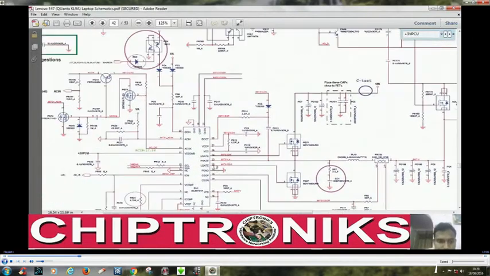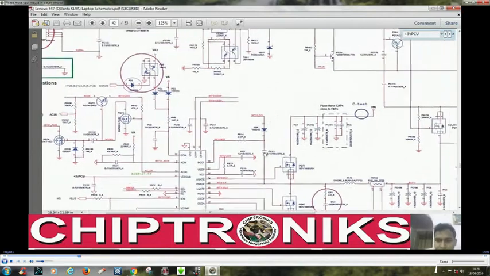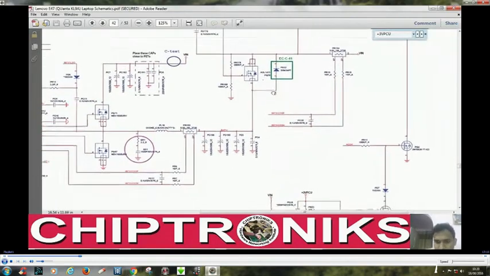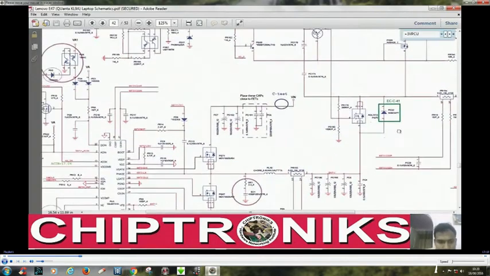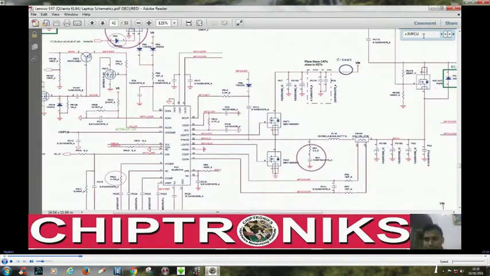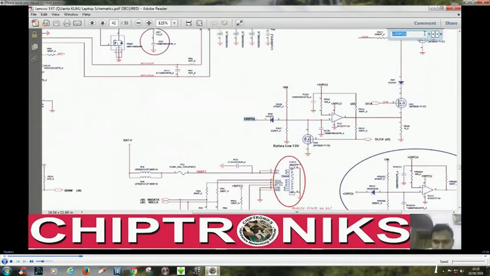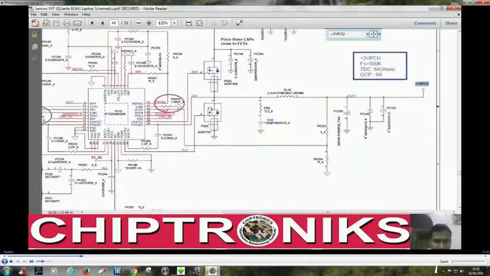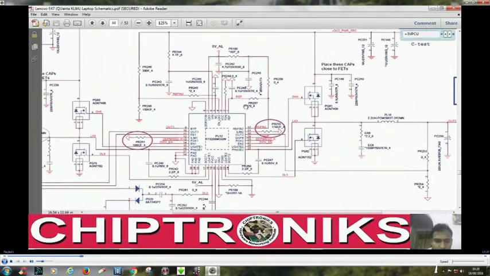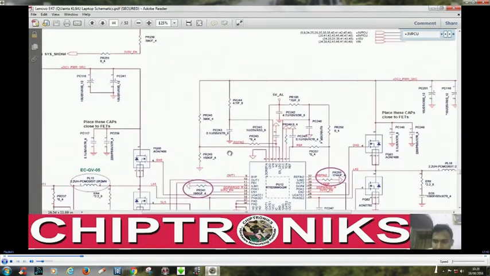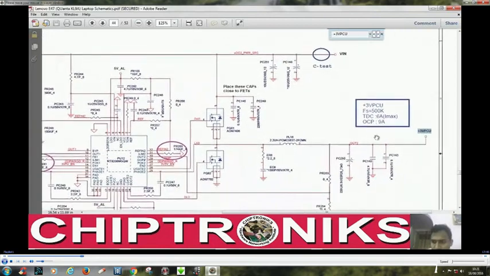Here you can see +3V_PCU. This is actually AC in DC, and this is charging. Now this is our 3V 5V voltage regulator. You can see here that +5V_PCU and +3V_PCU are coming over here.